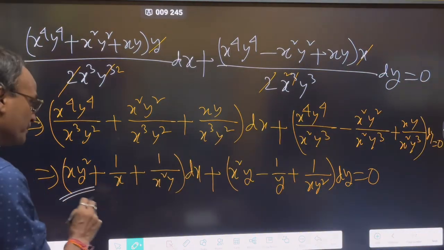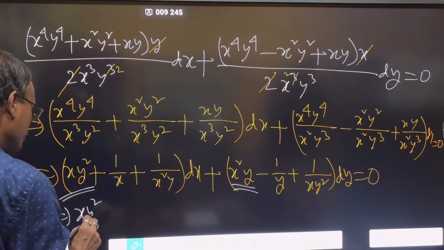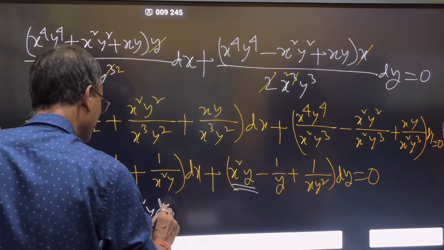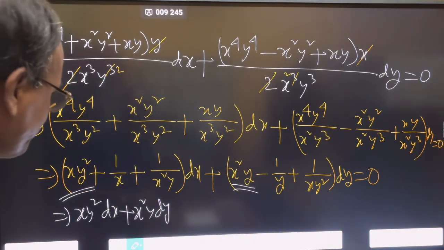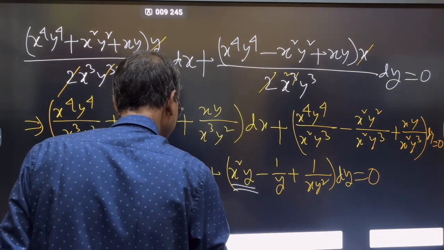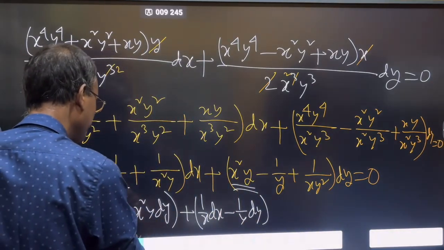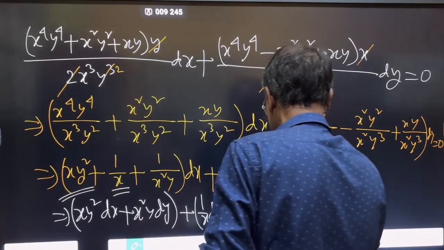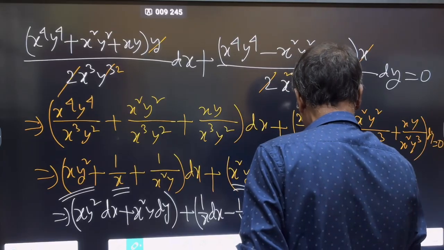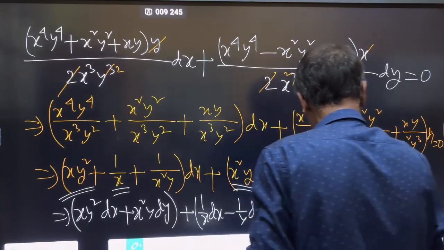Now take this term and this term. Take these two terms: xy square dx plus x square y dy, plus 1 by x dx minus 1 by y dy, these two terms, plus 1 by x square y dx plus 1 by xy square dy. This is equal to 0.